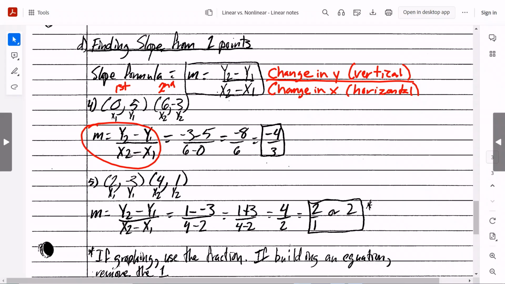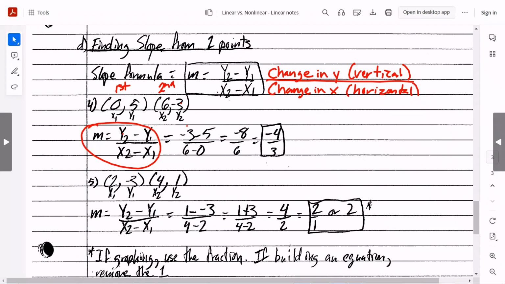I've always said it for years, the best way to learn a formula is to write it down with each new problem. Okay? So, m equals y2 minus y1 over x2 minus x1. Plug them in. So, negative 3 is y2, right? So, that's going to go in place of y2. So, you're going to start with negative 3 right here. Then, we're going to subtract 5.